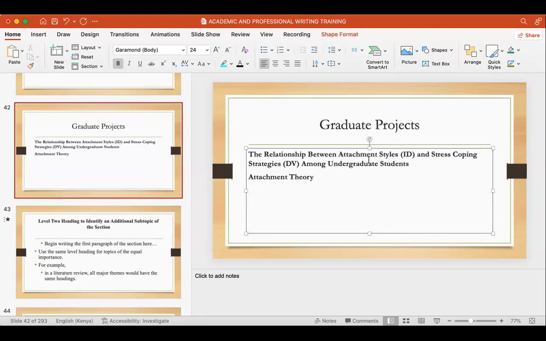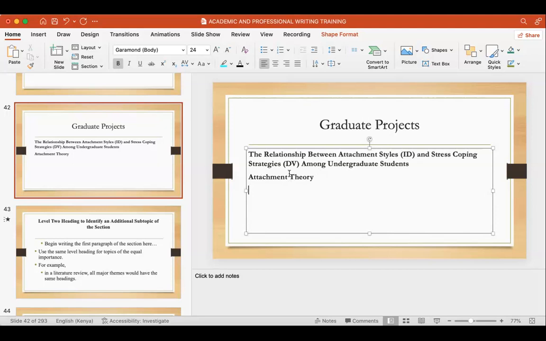And then under that, you do the introduction. Attachment was developed by Bowlby in the early 1950s. It was then advanced by Ainsworth in her research in Uganda, and so on. And then you come all the way to how it has developed.